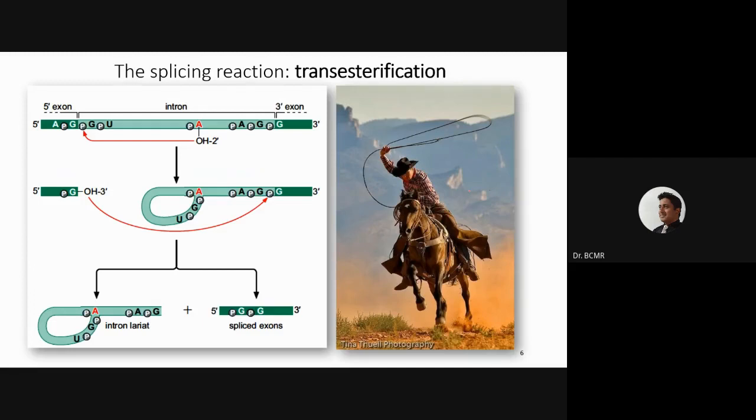So the splicing reaction is typically a trans-esterification reaction, a reaction between a hydroxyl group and a phosphate, eliminating a water molecule, forming a bond. So this is the general reaction, and you will form something called a lariat.